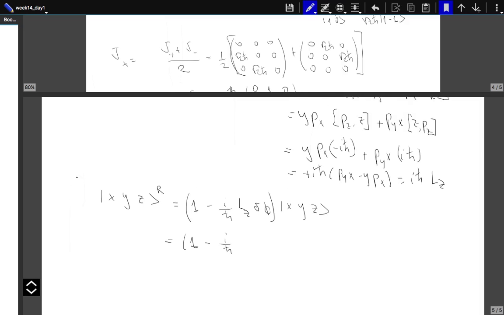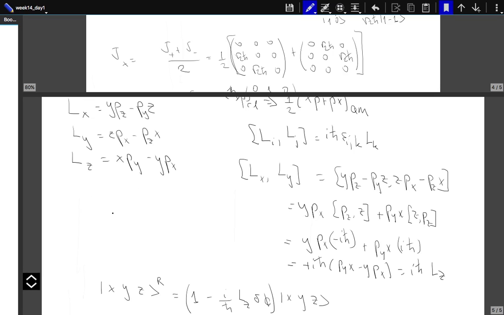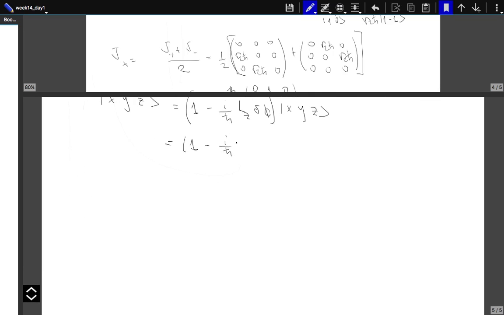Well, Lz, we had already said what Lz is. It's xpy minus ypx. Well, let me put the hats over here to denote that these are now operators.